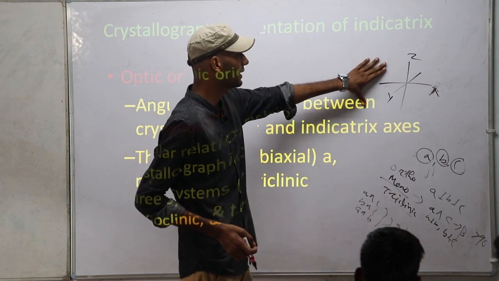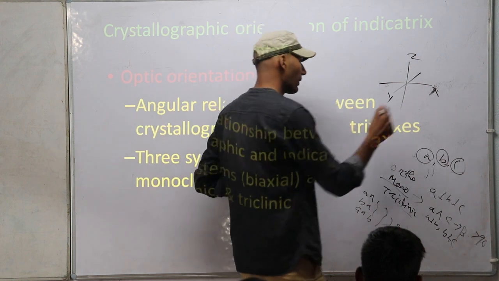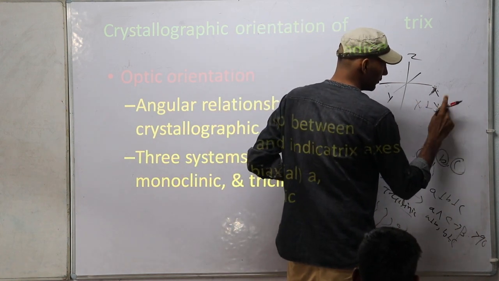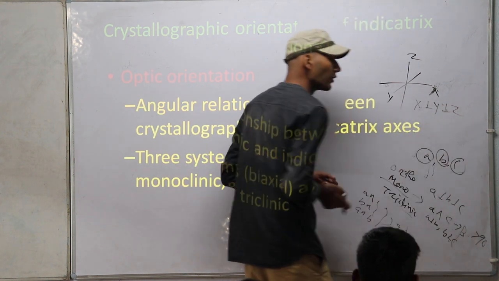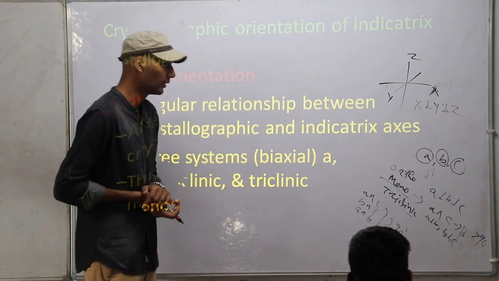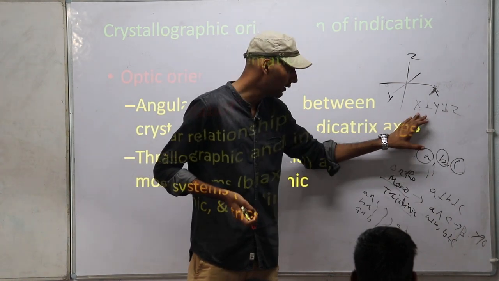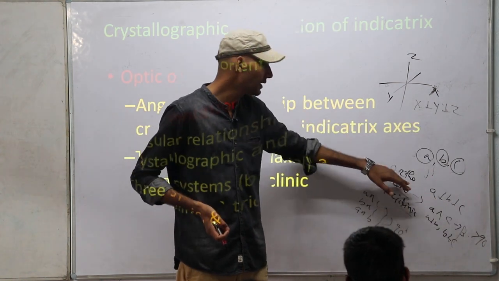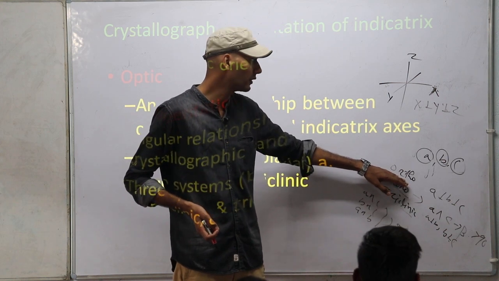And the optic indicatrix axes X, Y, Z are always perpendicular. Now see if one of them coincides with one of the crystallographic axes.